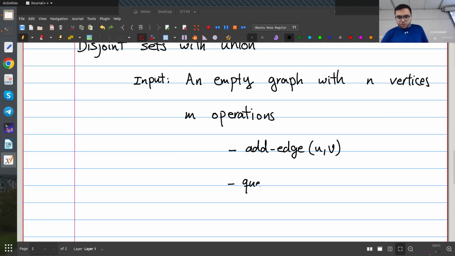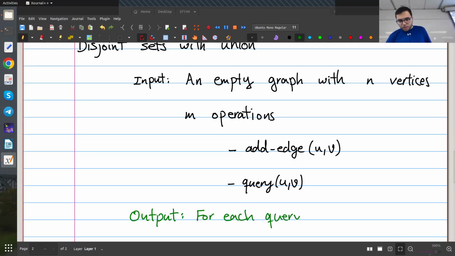It says query u v, and I have to say whether u and v are in the same connected component. And this is an undirected graph. So the question is, is there a path from u to v? So this is my output. For each query, I should output 1 or yes if u and v are in the same connected components.